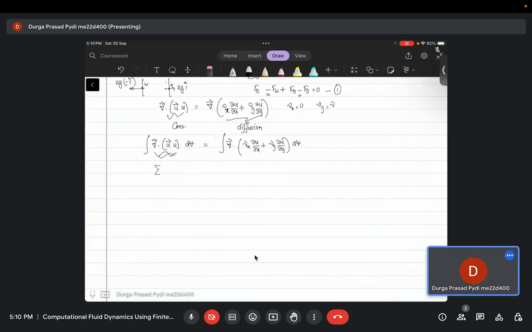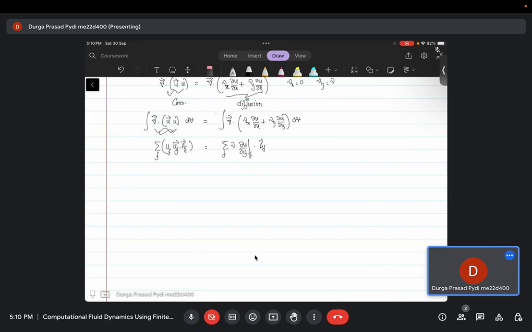This will essentially give you sigma over all the faces of rho u_f vector dot A_f vector, equal to sigma of mu del u del y evaluated at the face times A_f vector. Now this particular term here is essentially your F. For each individual face, we write F east times u east, and for the west face the area vector will be in the opposite direction, so minus F west times u west, plus F north u north minus F south u south.